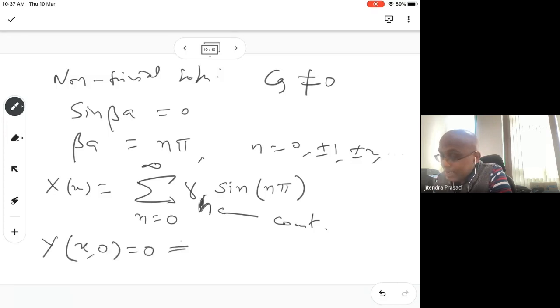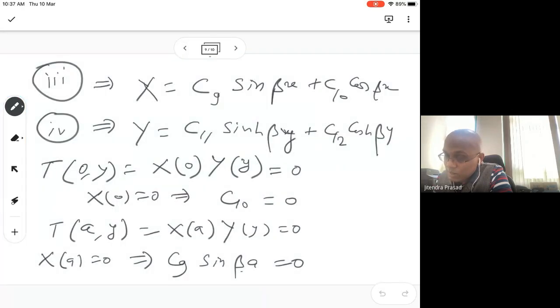That means we had this as a solution, C11 and C12. If you put y equal to 0, the C11 term will disappear because this is equal to 0. Only C12 remains, and it becomes equal to 0 because this value becomes 1 if you put y equal to 0.